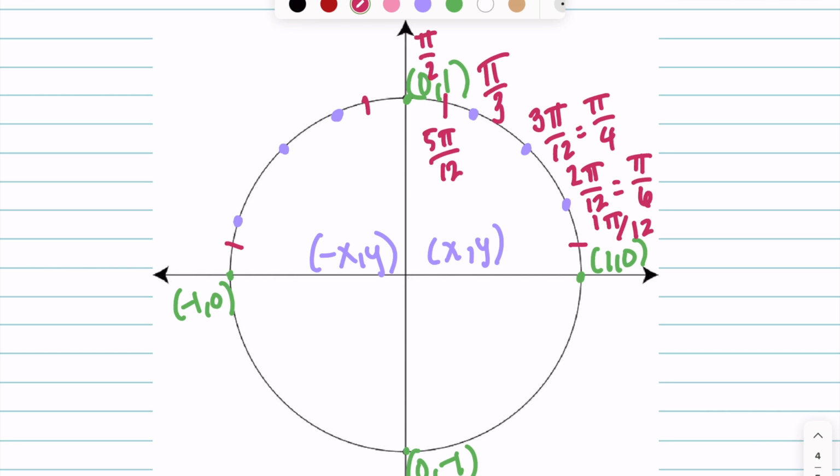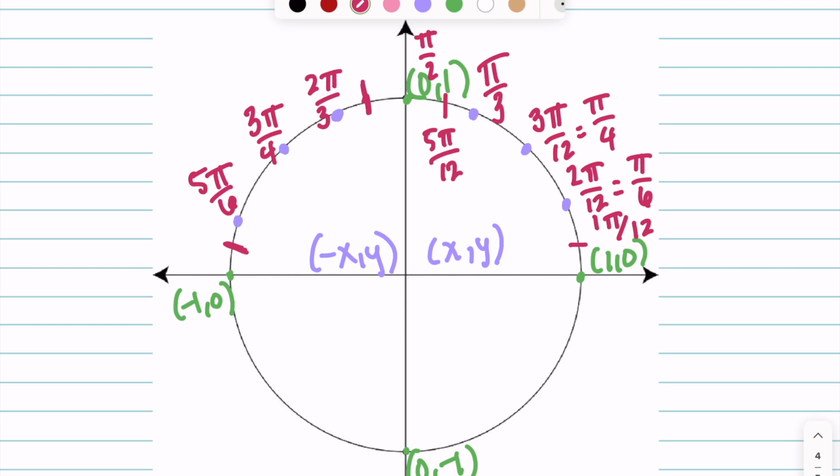Same thing. 7 pi over 12, don't show. 8 pi over 12, reducing to 2 pi over 3. 9 pi over 12, reducing to 3 pi over 4. 10 pi over 12, reducing to 5 pi over 6. 11 pi over 12, can't reduce, we don't show it.